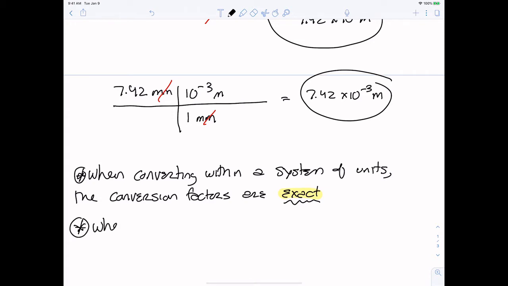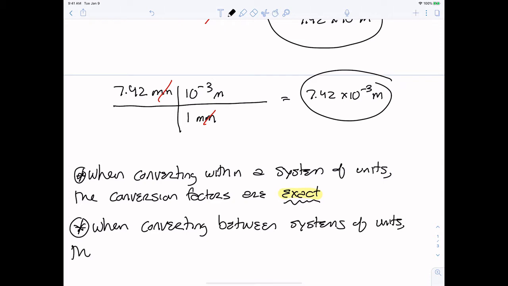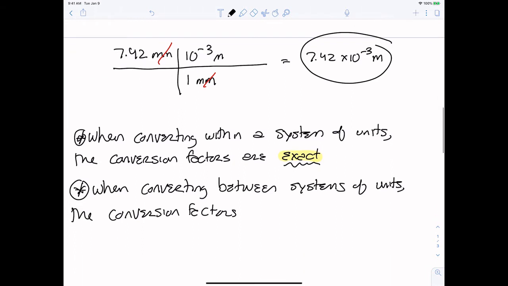But when we're converting between systems, the conversion factors are measured.